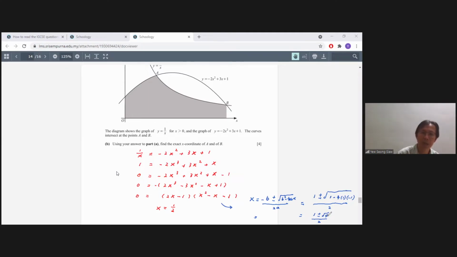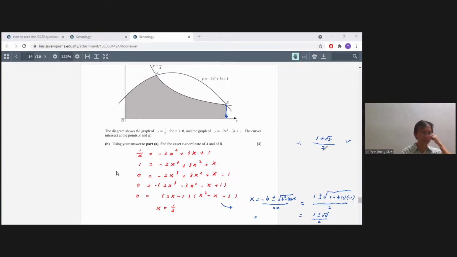So your B here is positive, this value is positive. So accept the positive only. Don't leave it like that. You reject the negative, you write there, you only accept the positive. 1 plus 5 over 2. Okay, just accept this one, negative you reject.